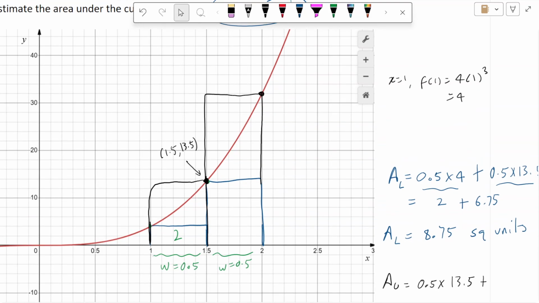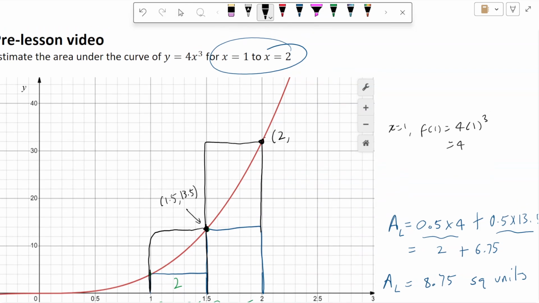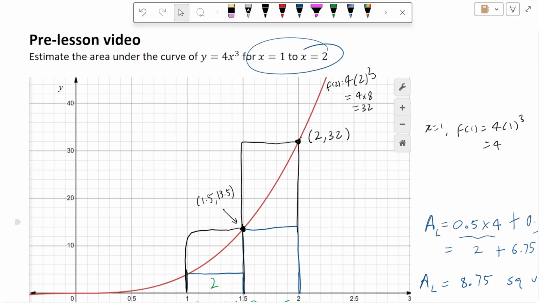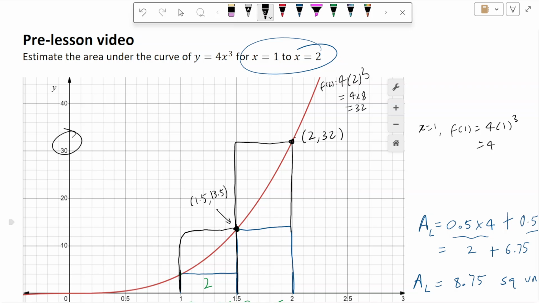And then the next rectangle is 0.5 wide, and this has an x coordinate of 2 because we're matching that x point down there. And then we've got to figure out the height. So for this height here, it's going to be 4 lots of 2 cubed. So that would be f of 2. So that's 4 times 8, or in other words, that's 32. And you can usually tell from these graphs, it does look to be at about 32, so that's a good sign.